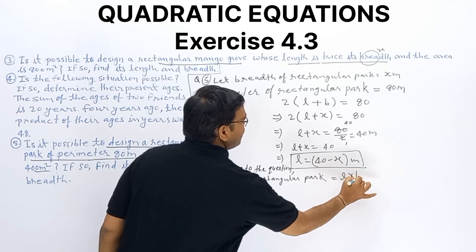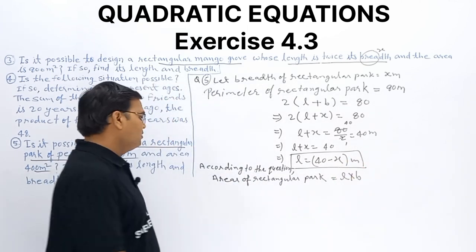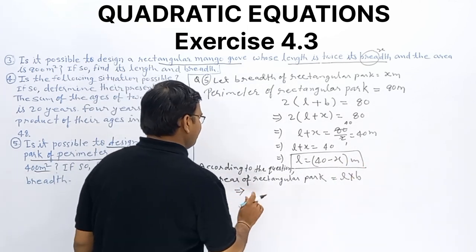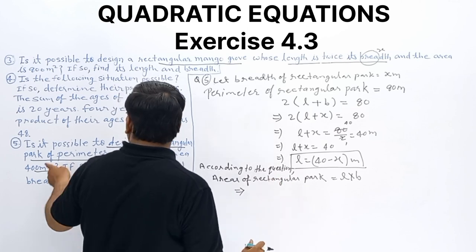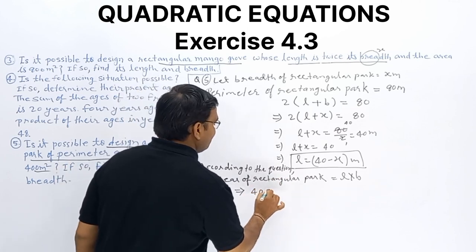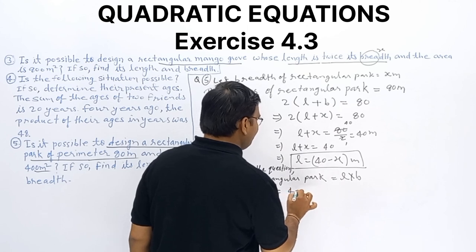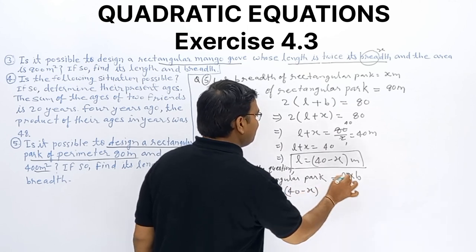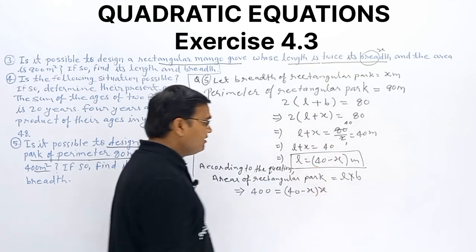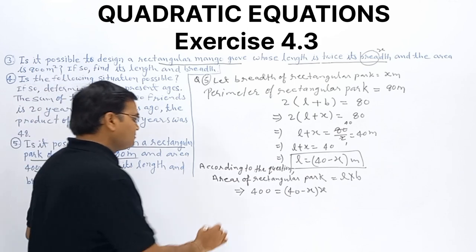Length into breadth. Yes or no? Length into breadth. The area of the rectangular park is 400 meter square. Length is this one, 40 minus x. And what is the breadth? Breadth is x. Clear? Solve this one.